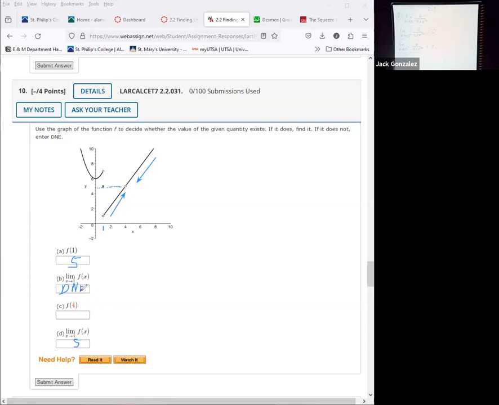Yeah, if it's open, usually we say undefined. That's what we're supposed to say, but I don't think that's an option here. If it does not exist, yeah, I think D and E would be our choice. I guess let's try it out and see what it says.